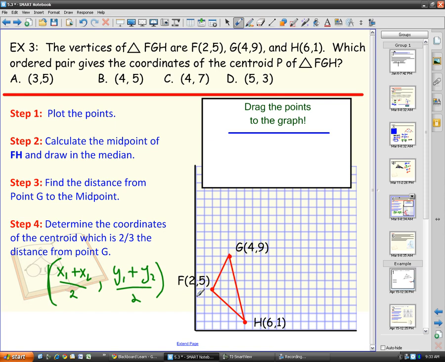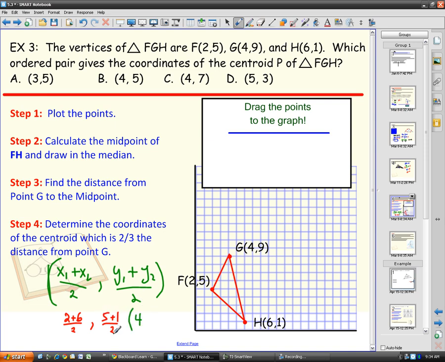So 2 plus 6 divided by 2 will give me my x coordinate, and my y coordinate is 5 and 1. So 5 plus 1 divided by 2. Well, 8 divided by 2 gives me an x of 4, and 5 plus 1 divided by 2 would give me 3.